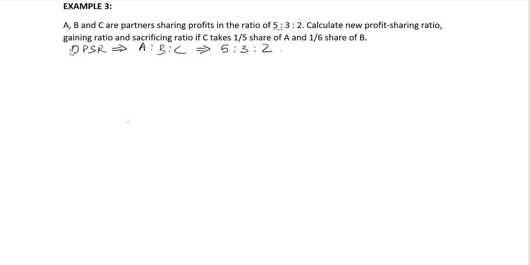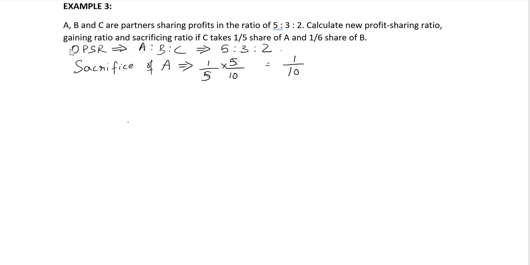Now C takes 1/5 share of A. So sacrifice of A is 1/5 into his share, which is 5 divided by 10.